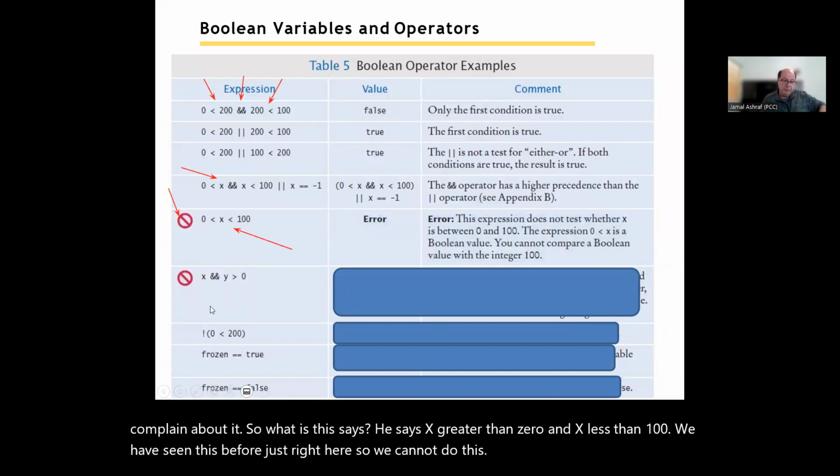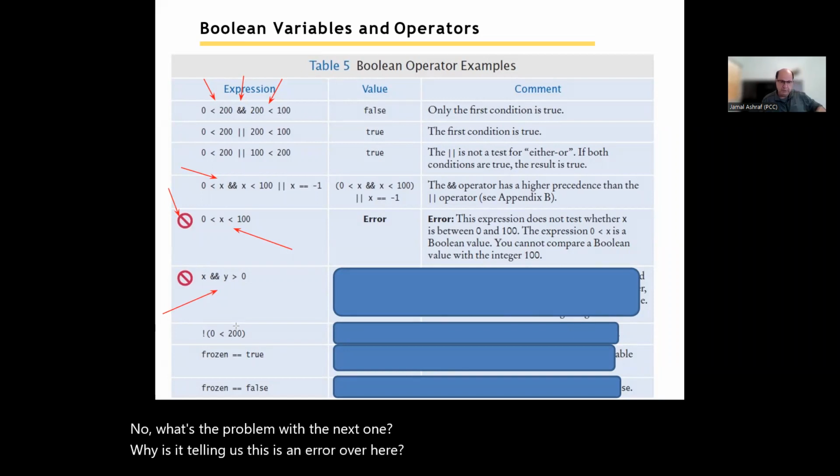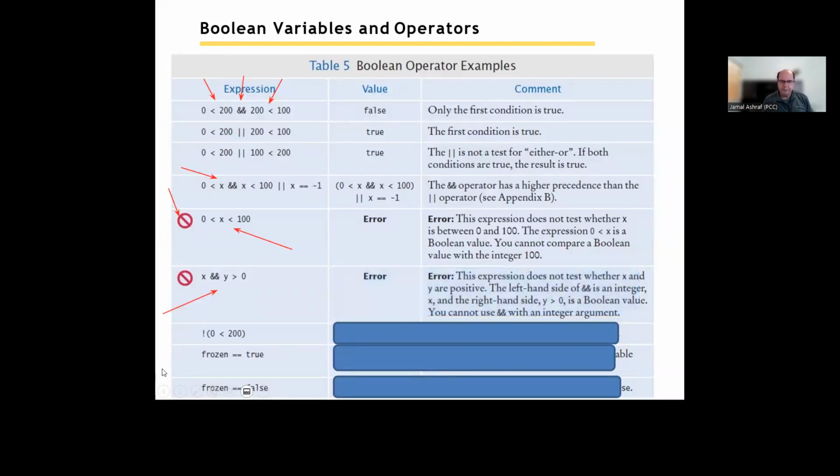Now, what's the problem with the next one? Why is it telling us this is an error over here? So we are thinking that x and y are going to be less than 0, but this is not what it does.